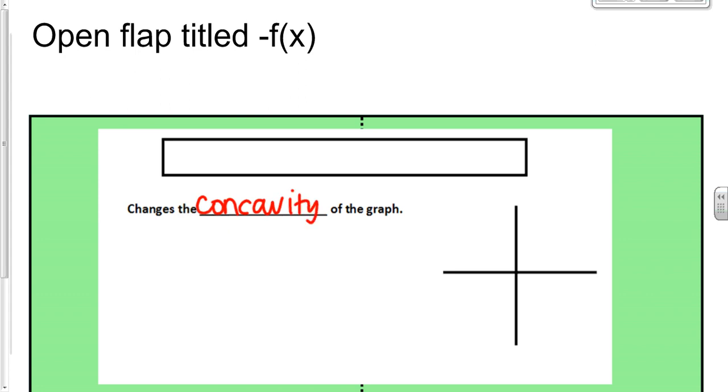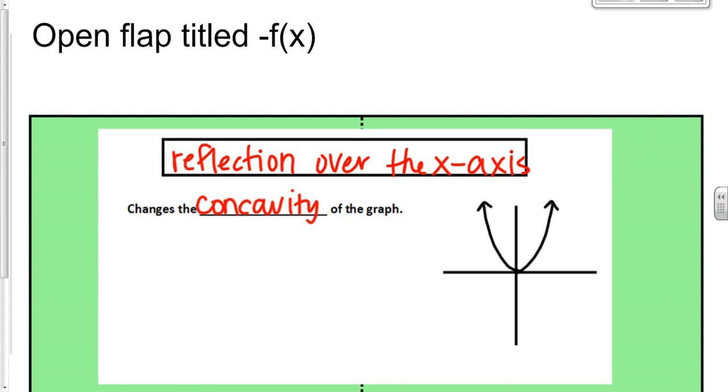And the reason it's doing that is because what you are actually performing is a reflection over the x-axis, okay? So when you put that negative in front, what it's doing is it's reflecting the graph. So I'm going to use my black pen here to draw approximately the parent function. Okay, it's just a sketch.